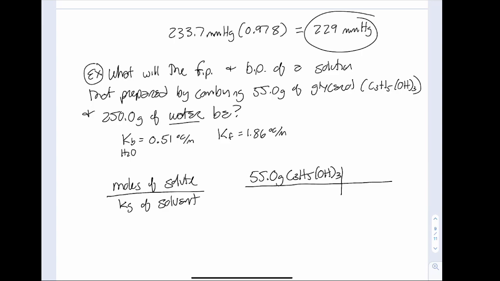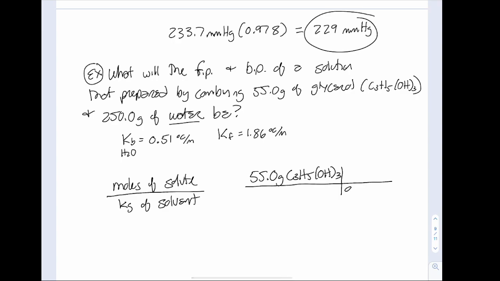So grabbing our periodic table, we do have 3 carbons. I'm going to do my hydrogens together. I have H5, so there's 5 hydrogen there, but then OH3, so an additional 3 hydrogen. So I do have 8 hydrogen total. And then I have 3 oxygen.